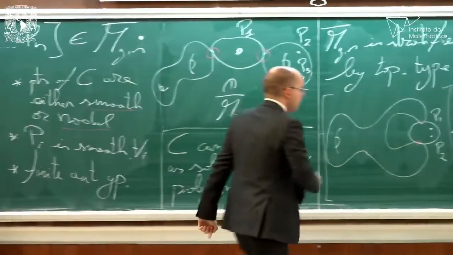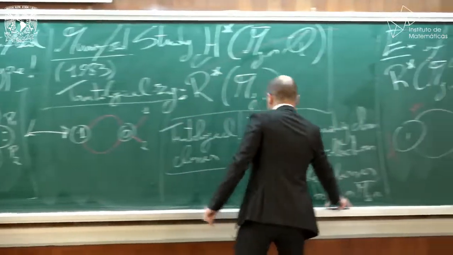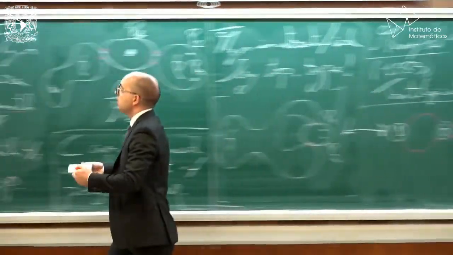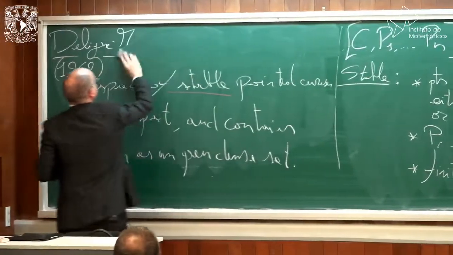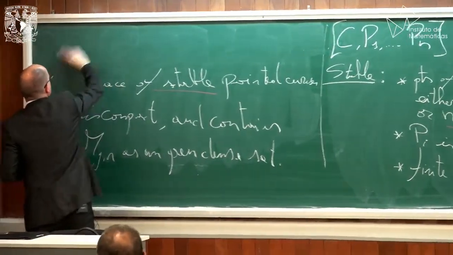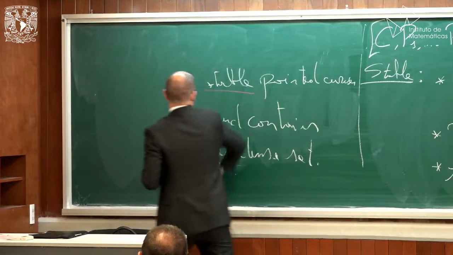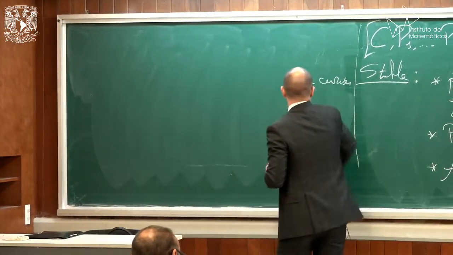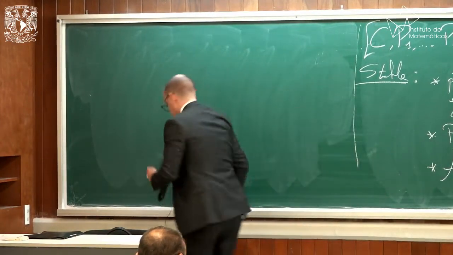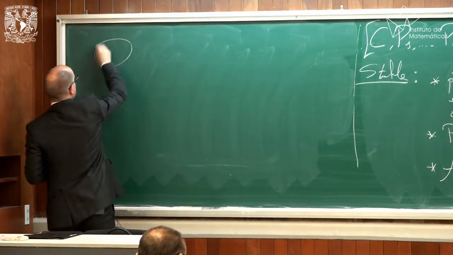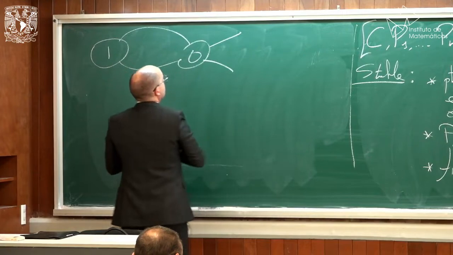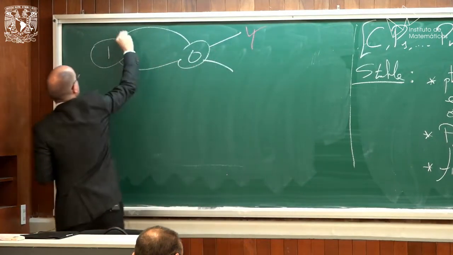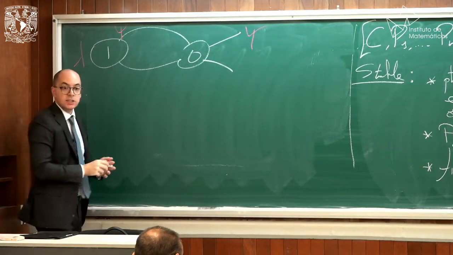So very briefly, maybe let me zoom in on this example just to give you a feeling of what this decorated graph corresponds to. So I will look at a graph of this type.